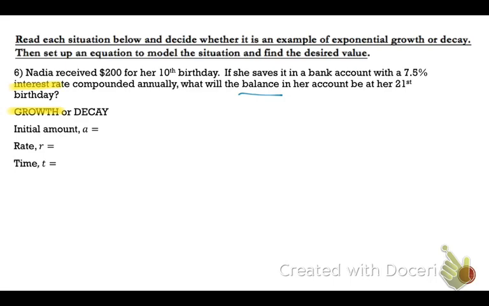So our initial amount is $200. The rate is 7.5%, but remember we're going to move that decimal, have to put in a 0, so 0.075. And then 10th birthday, and we want to know 21st birthday. So in 11 years.